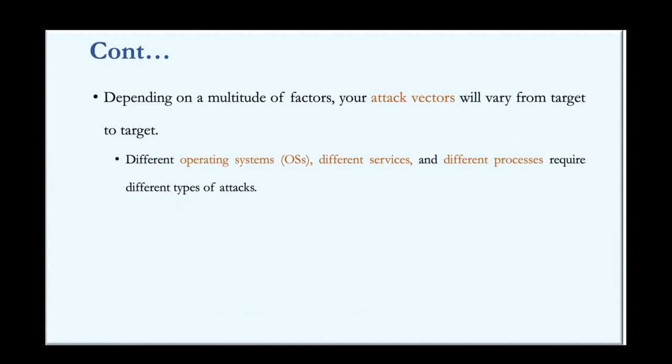Different operating systems like Kali Linux, Metasploitable Linux, Unix, Windows, macOS, and BSD, because different targets may run different operating systems. Different services means different application services, network services, system services, and processes that require a different type of attack.